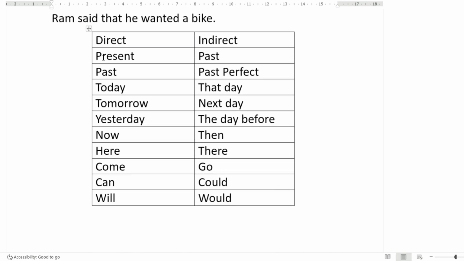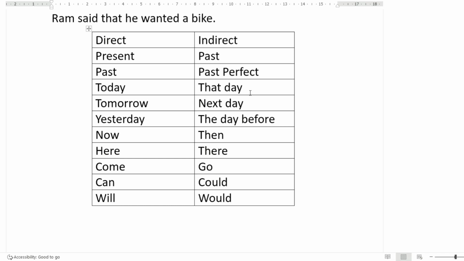In a declarative sentence, present will change to past, past will change to past perfect. Today, in direct speech, becomes that day in indirect speech. Tomorrow changes to the next day. Yesterday changes to the day before or the previous day. Now changes to then.